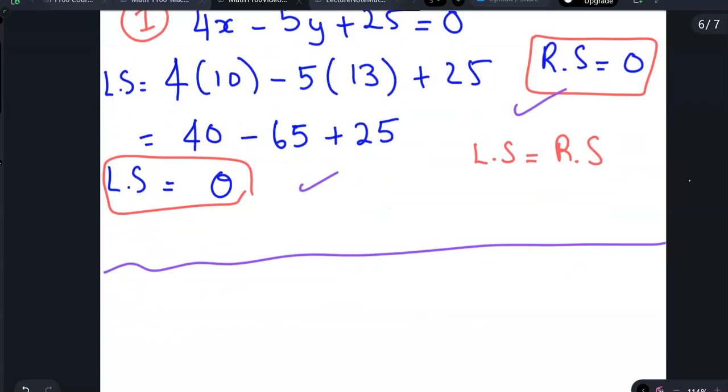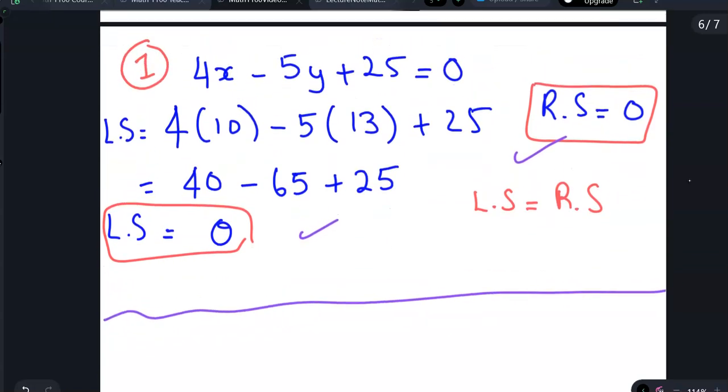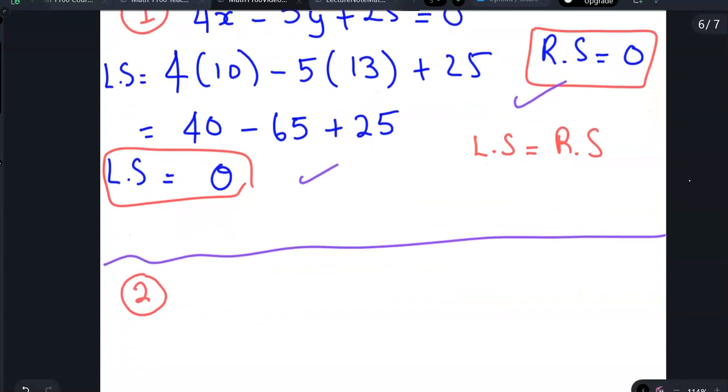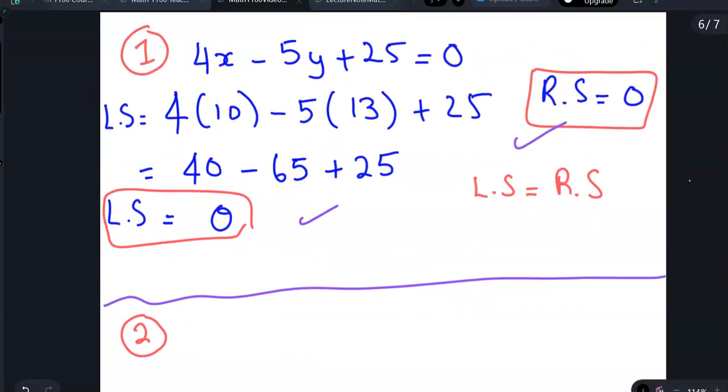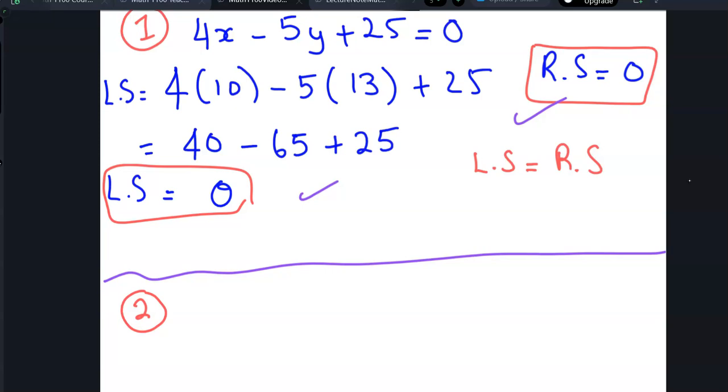However, you need to check for both equations. You cannot stop by just checking for just one equation, because sometimes it's true for one, but it's not true for the other one if you make an error. So the equation number 2 is 2x minus 3y minus 19 equal to 0.